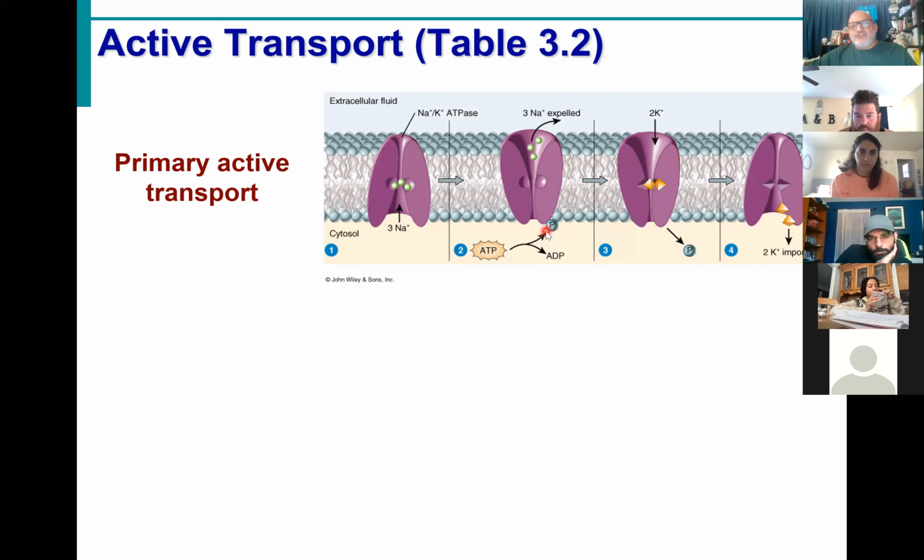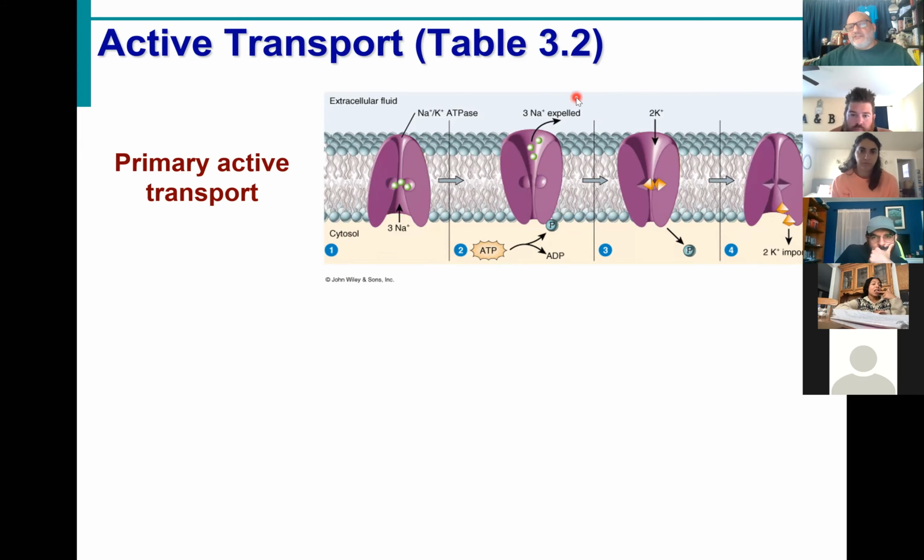Then it uses the energy of the ATP to change its shape, expelling the 3 sodium and allowing 2 potassium to bind. When those 2 potassium bind, it kicks off the phosphate, goes back to its original shape, and our potassium comes in. Then 3 sodiums combine, use the ATP to change its shape, and this process continues.